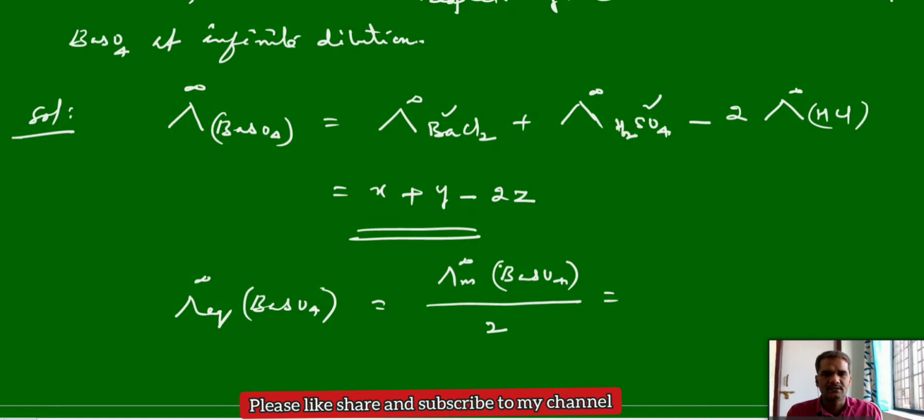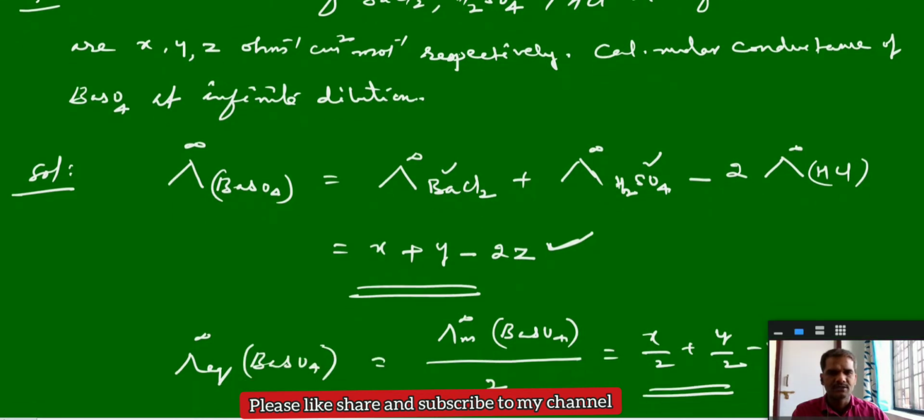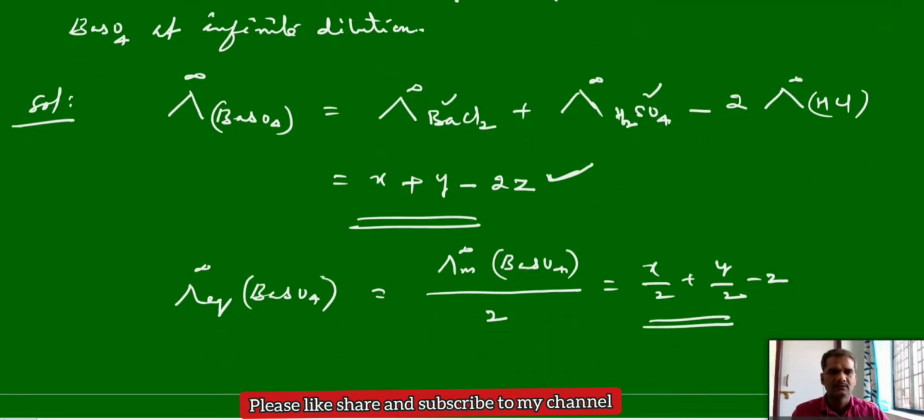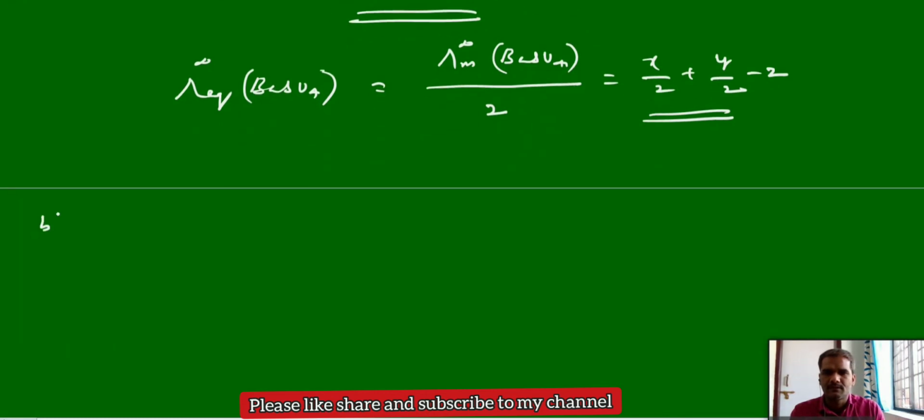So you can substitute this value here, then it gives X by 2, Y by 2 minus Z. This is the equivalent conductance and this is the molar conductance. So they ask this question the same in another manner. Same question, B part: instead of molar conductance, they give equivalent conductances.